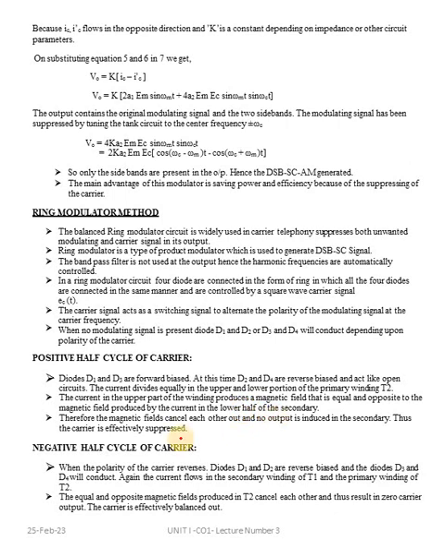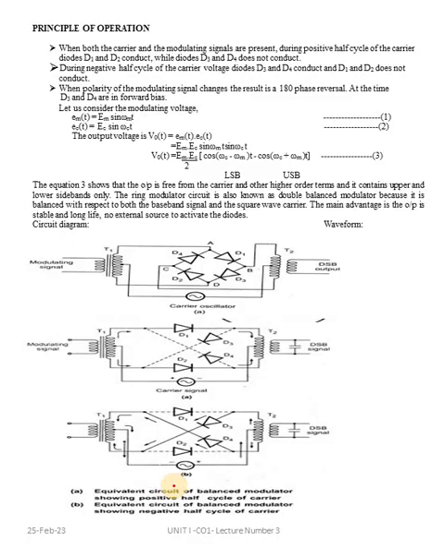Therefore, the magnetic fields cancel each other and there is no output induced in the secondary. Thus, the carrier is effectively suppressed. The same applies for the negative half cycle of the carrier also. Here, the only change is that the upper half is reverse biased and at the same time the lower half is forward biased.